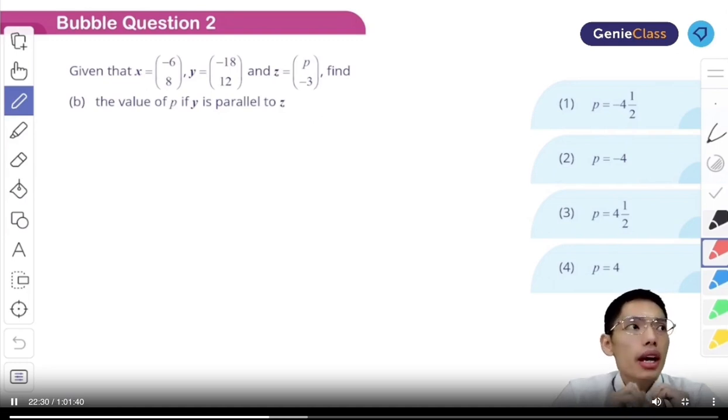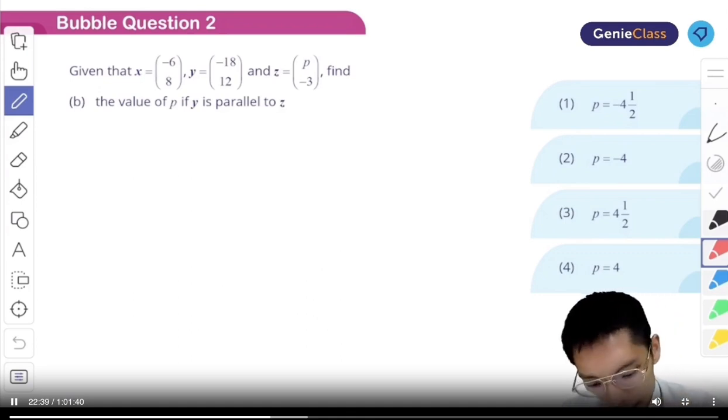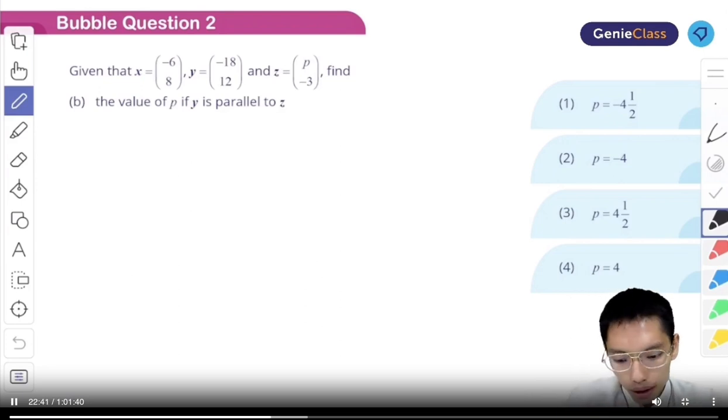Okay, what do we have over here? Last 40 seconds. Alright, so when it's parallel, take note what should we have. Alright, that's very, very nice. Take note of the vectors that are parallel to each other, yeah? Okay, that's why.